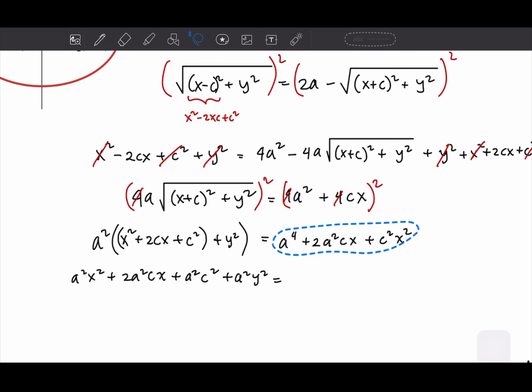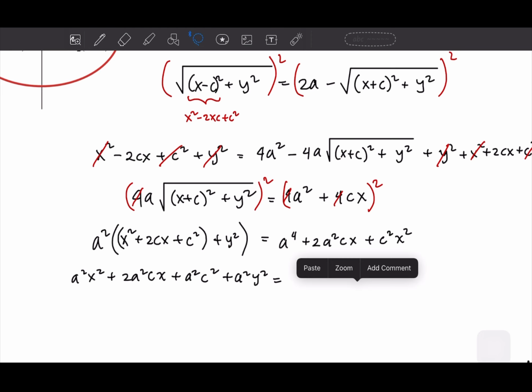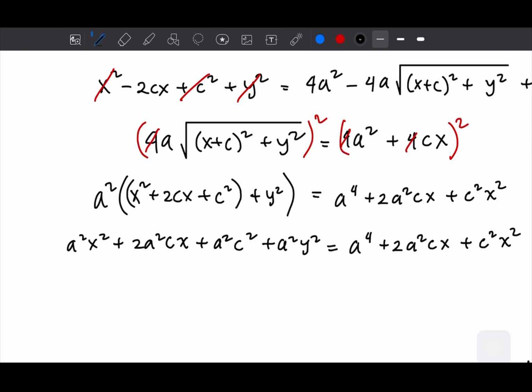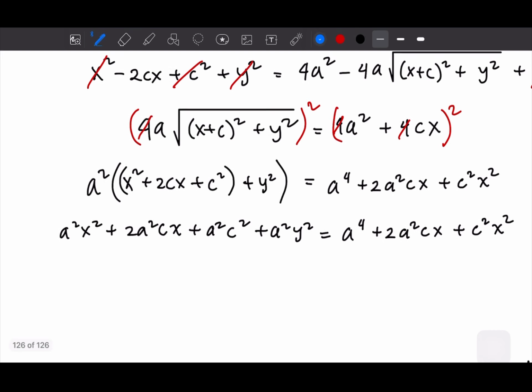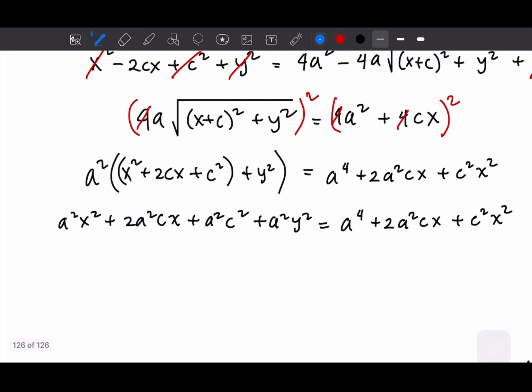Let me combine some parts of it, this and this.